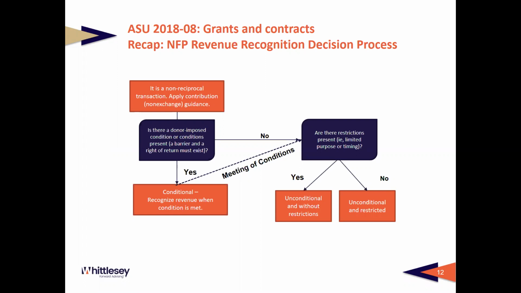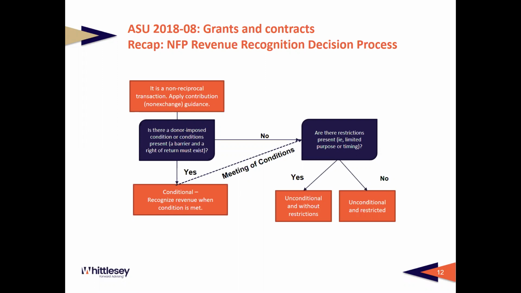If the answer is no, that there is no condition present, then you would decide if you're dealing with a restricted grant or contribution. This typically has to do with a limited purpose or timing. For example, if the contribution includes a donor stipulation that the funds are to be spent in the upcoming year, then the funds would be immediately recognized as revenue, but they would flow into donor restricted net assets.